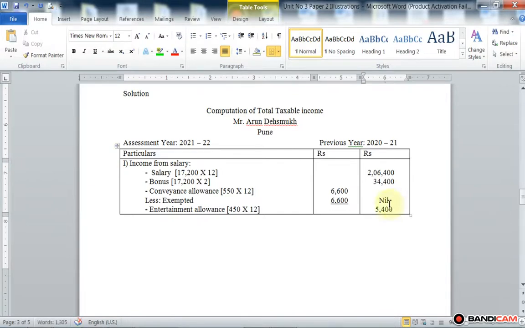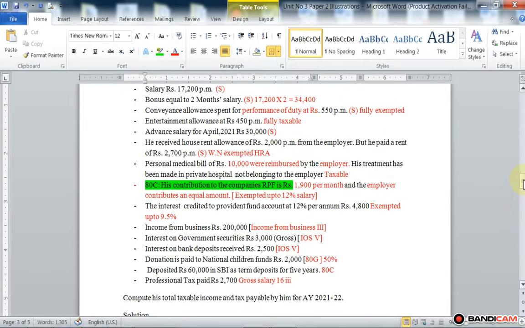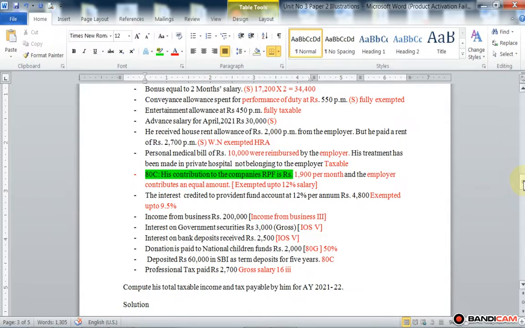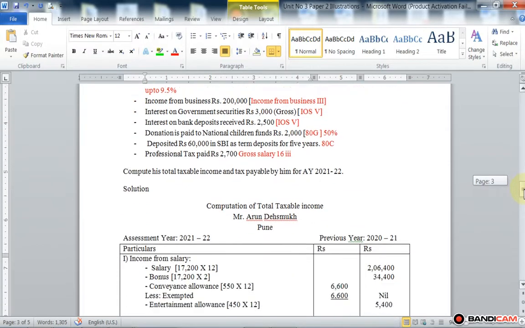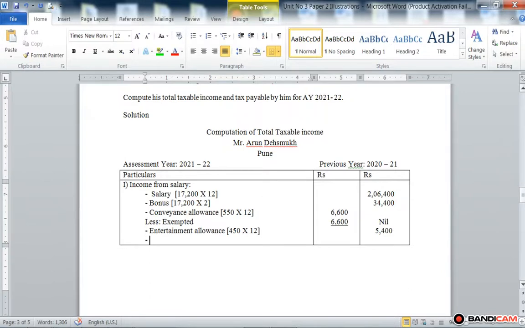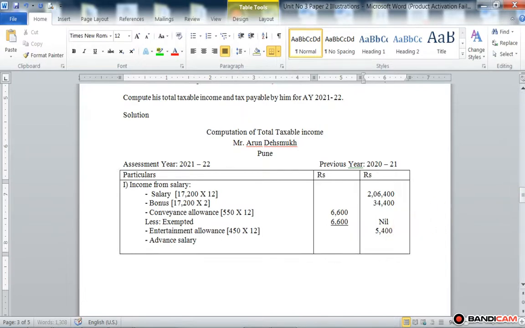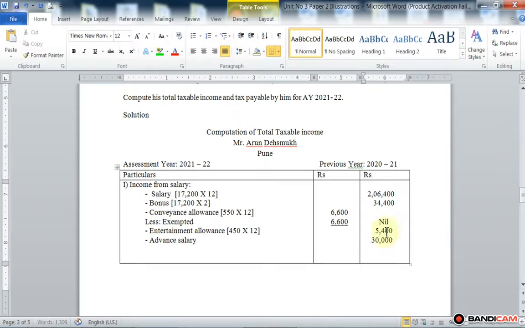Okay, so 5,400 fully taxable. Then next, that is advance salary for April 2020, rupees 30,000. So advance salary is also taxable, amounting to rupees 30,000.